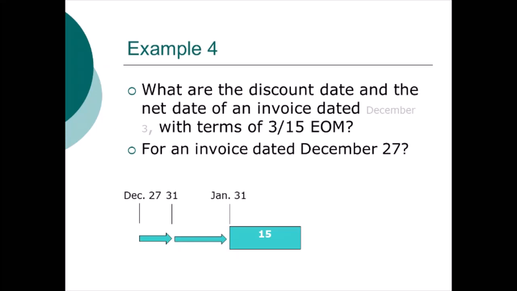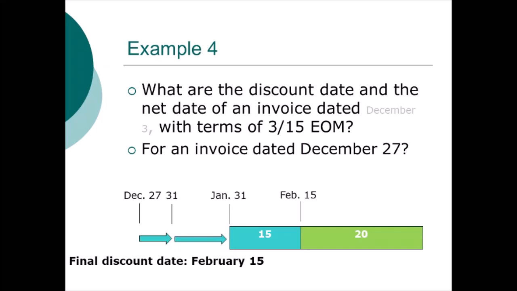So 15 days, that is February 15. That is our discount date. And for the net payment date, 20 days after February 15, 13 days to end February, if the year is ordinary, and then 7 days more, that is March 7, which is our net payment date.